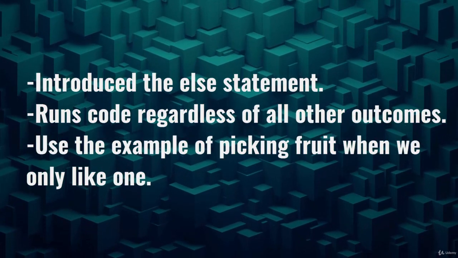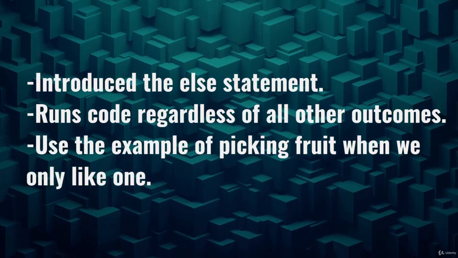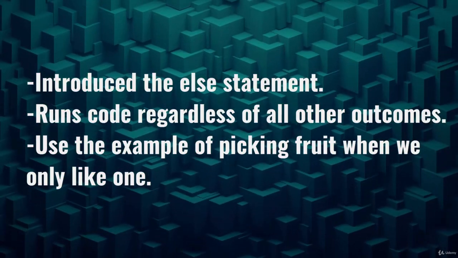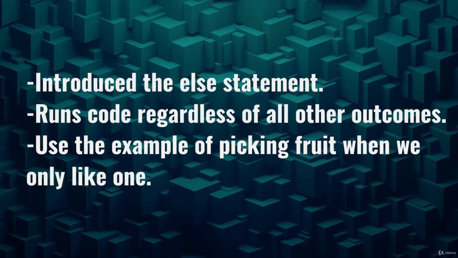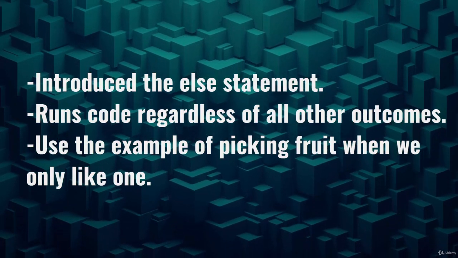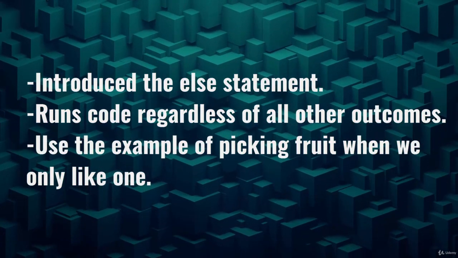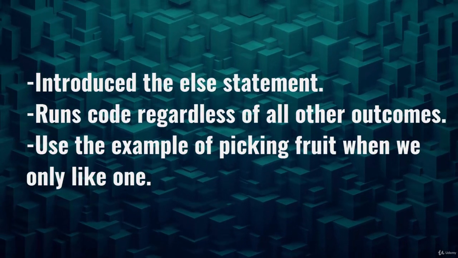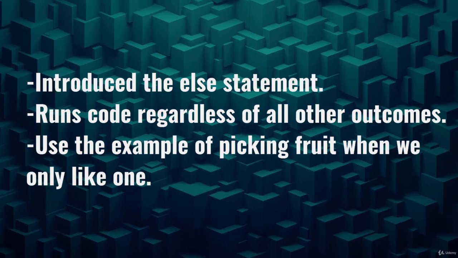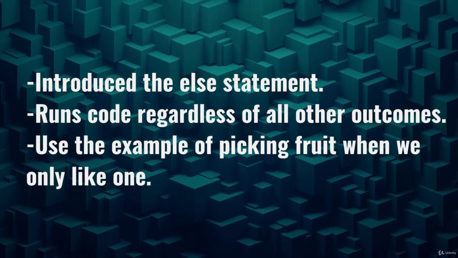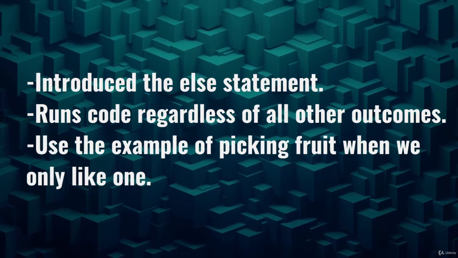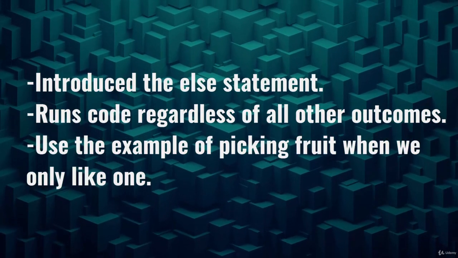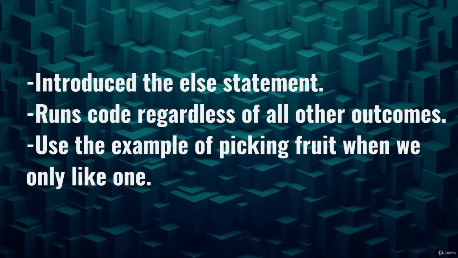So this is a statement that allows code to run regardless of all other outcomes. We'll first have the initial test, and if that fails, in this particular instance, we saw that we'll have some kind of outcome regardless of all other possibilities. So we're only interested in producing a message for the first test, if that passed, and then if the first test failed, there were a few other options that could execute, but we don't really care about the difference between those.